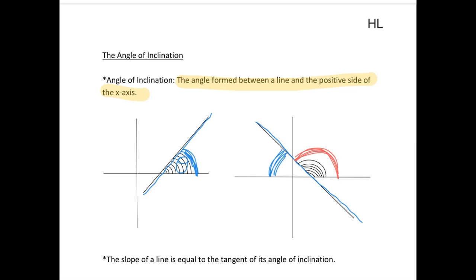Another thing to note is that the slope of a line is equal to the tangent of its angle of inclination.